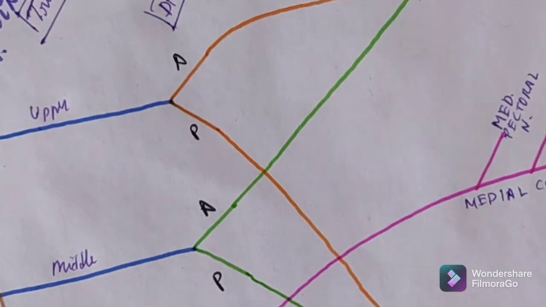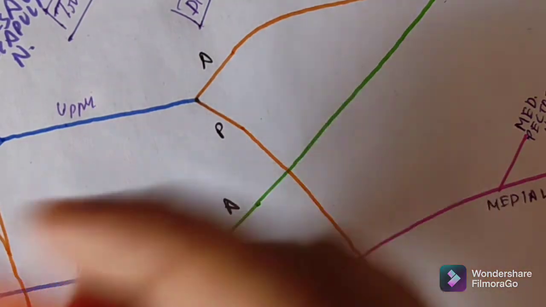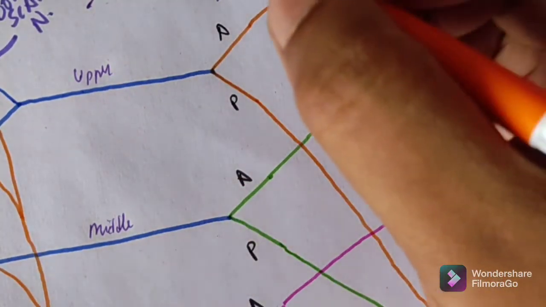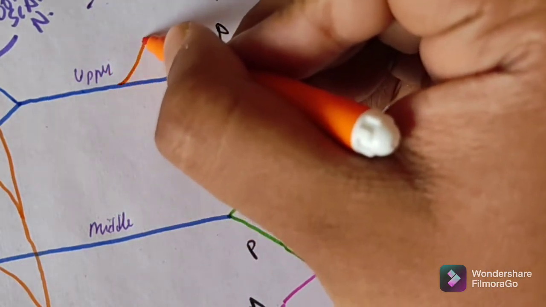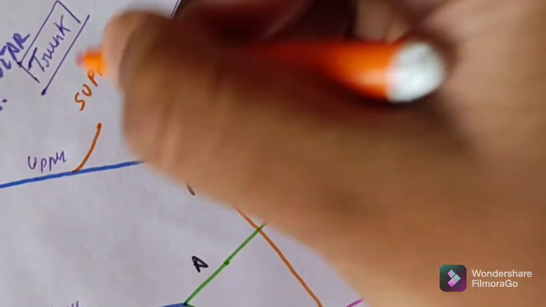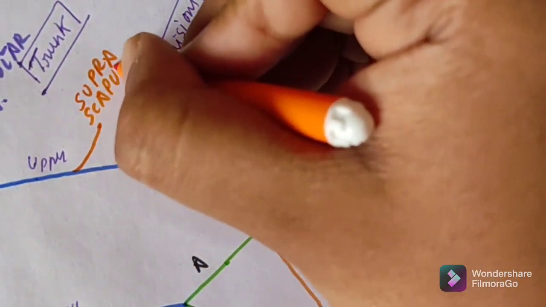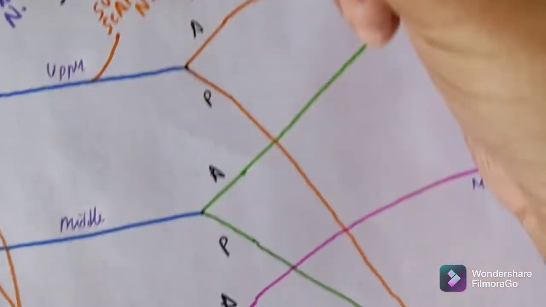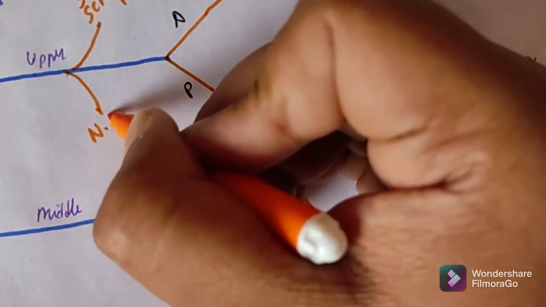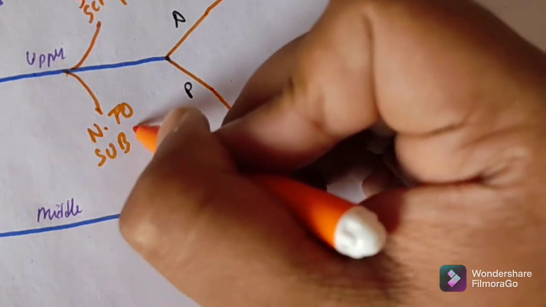Now from the upper trunk there will be two important branches. One is the suprascapular nerve. The other one will be the nerve to subclavius muscle.